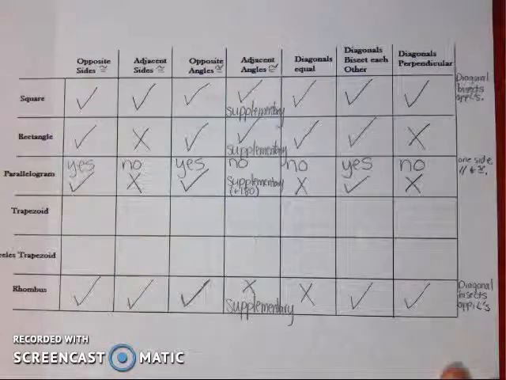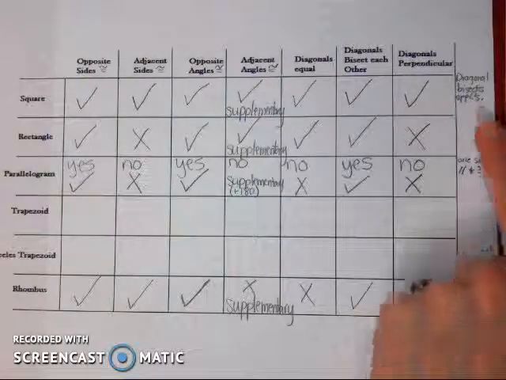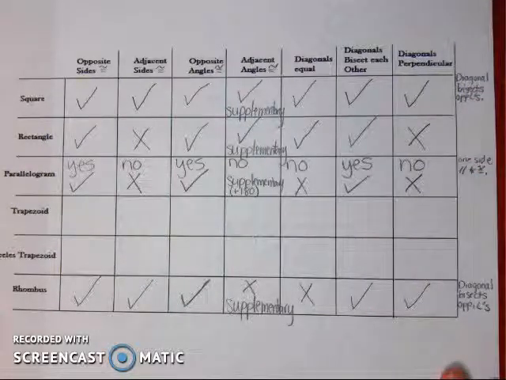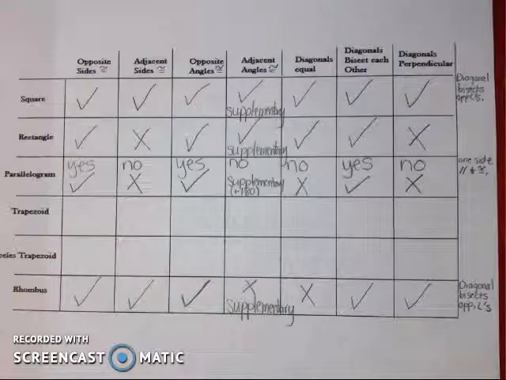That would also apply to our rectangle, our rhombus, and our square, because a square is a parallelogram, a rectangle is a parallelogram, and a rhombus is a parallelogram. Okay, so we're going to use these properties in our assignments.